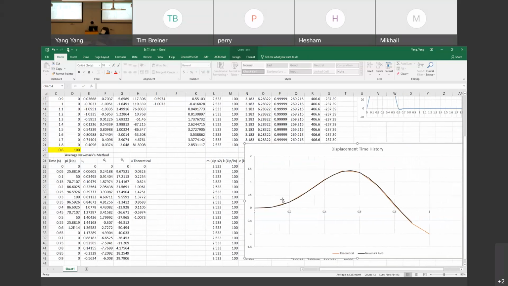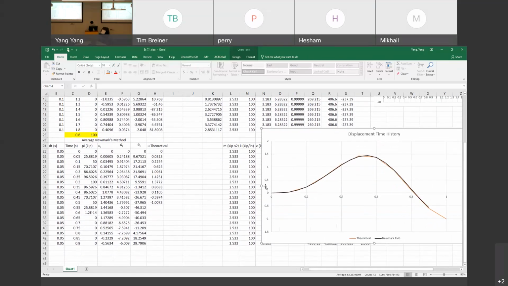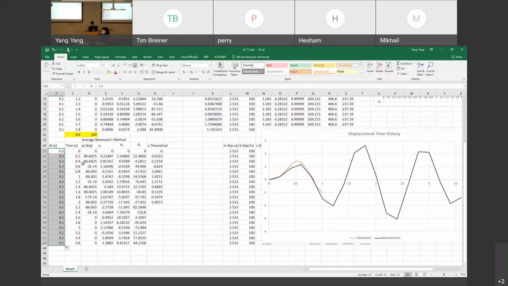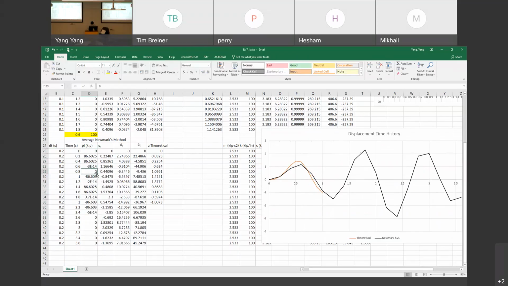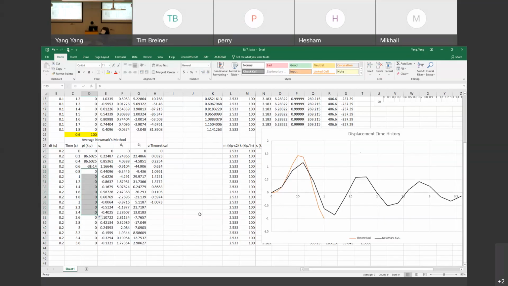This spreadsheet has already been shared on Blackboard, so you are welcome to download it and play with it a little bit. For example, we can try 0.2. So this is the 0.2.